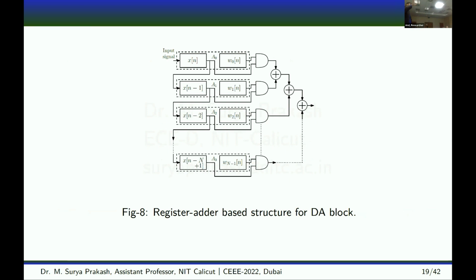This kind of structure gives us the chance to update all the filter weights, because each of the input samples is stored in a separate register, so we can easily update all the filter weights. This was the initial idea we came up with, and it was published in a conference held in Singapore.